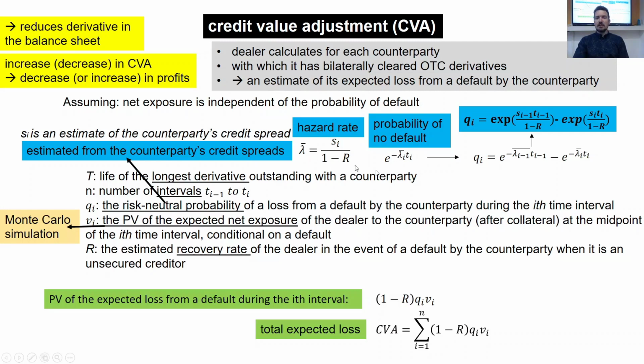After that we have the hazard rate, then the probability of no default will practically behave like a present value calculation. Just right now we have the hazard rate instead of an interest rate here, but the mathematical background is the same and the logic is the same.